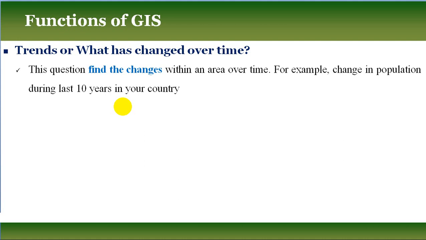Okay, so this one is the third one. Then come to the fourth one. What spatial relationships exist? Now, first of all, we have to know what a spatial relationship is.